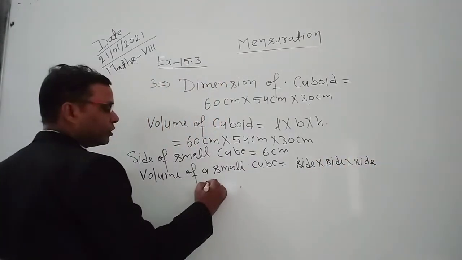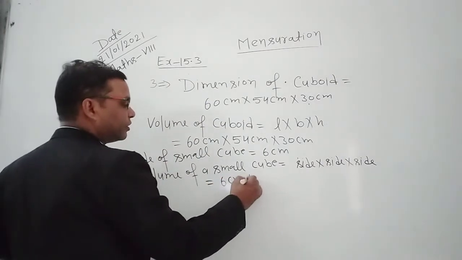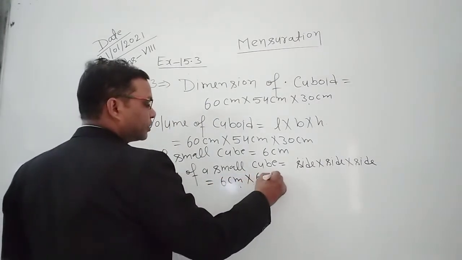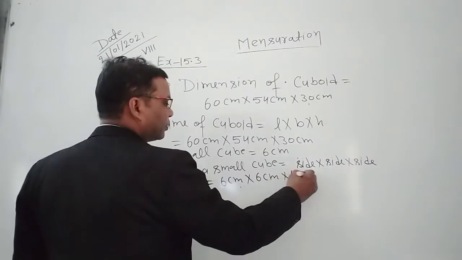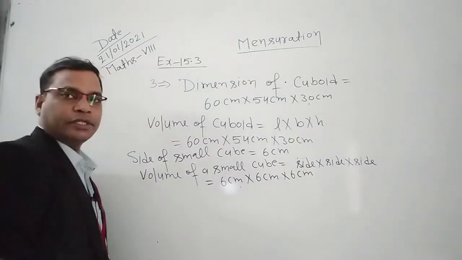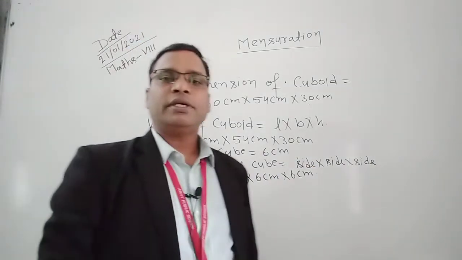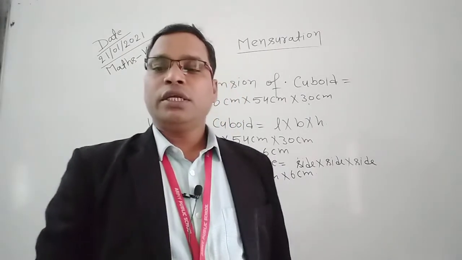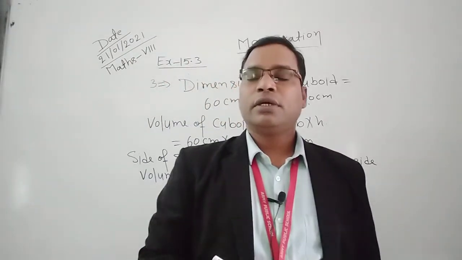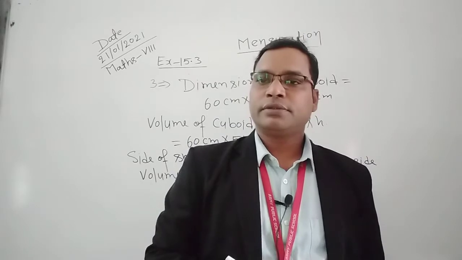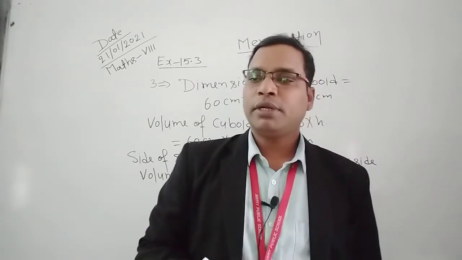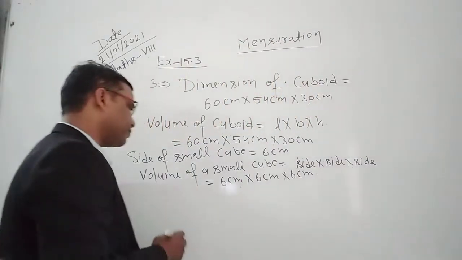This is equal to 6 centimeter into 6 centimeter into 6 centimeter. This is clear. But here we need to find the number of small cubes.